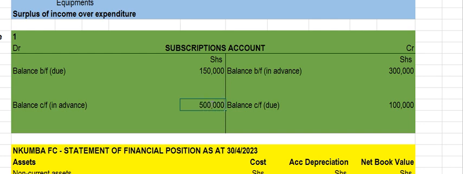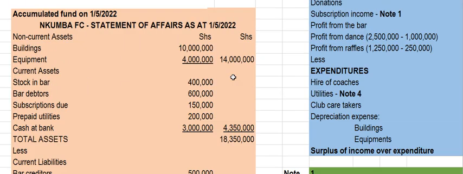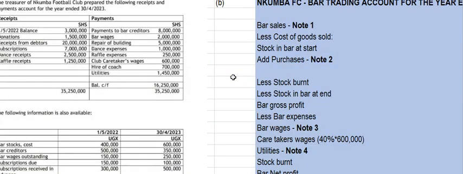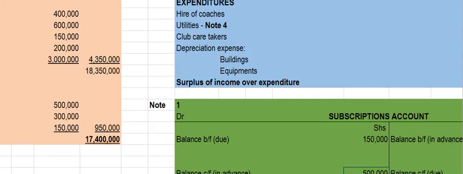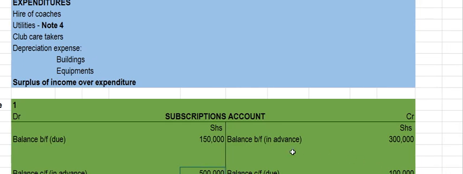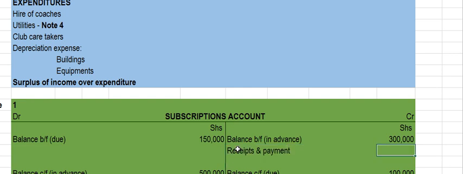But during the year, we see the club received some subscriptions of 7 million. So that will be credited in the subscriptions account. Receipts and payments account. Receipts and payments. Complete double entry with a credit entry. The club received 7 million from the members.